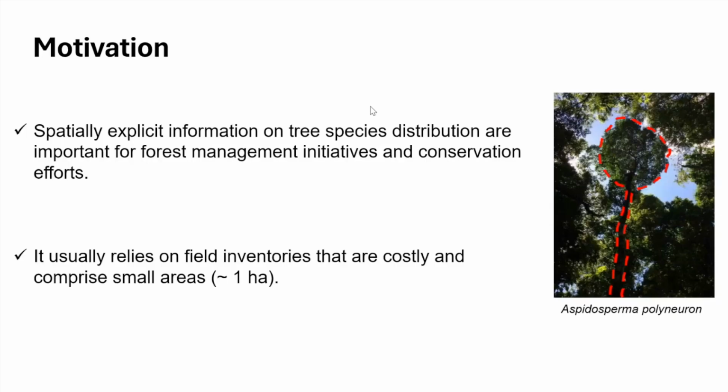But this method is very costly and usually comprises small areas in which people establish forest plots and measure and identify the trees. And these plots are relatively small compared to the forest landscape, usually 1 hectare.